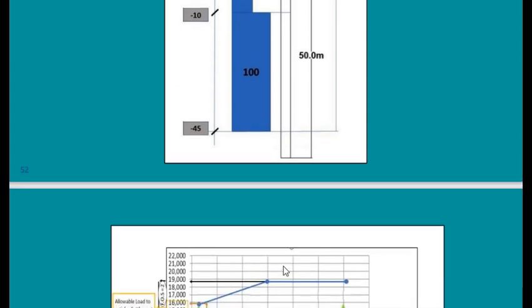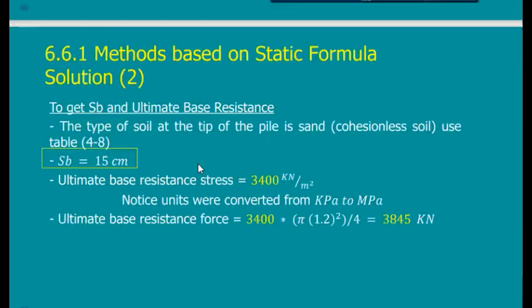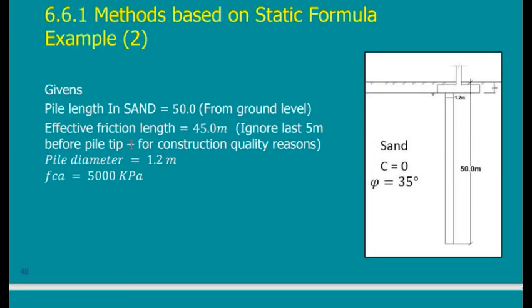It is easy and we can calculate. Here in the problem, he told me to ignore the last 5 meters of the pile. So he said that the effective frictional length is 45. Ignore the last 5 meters.